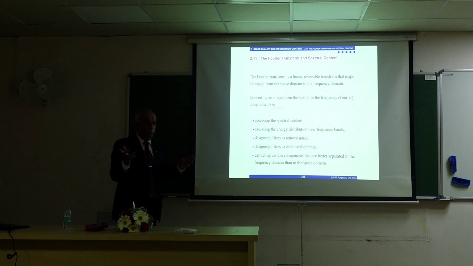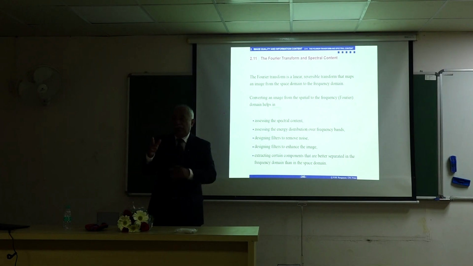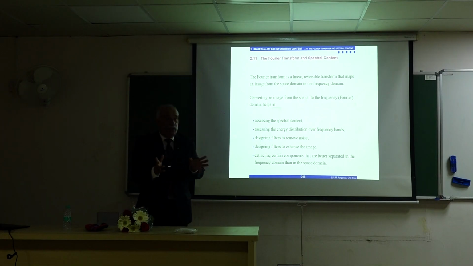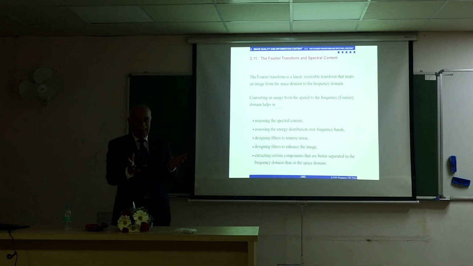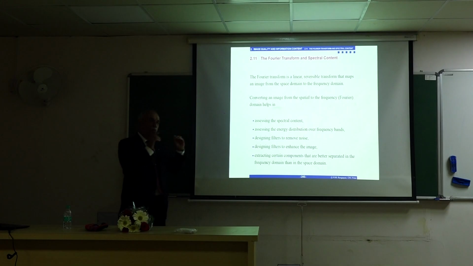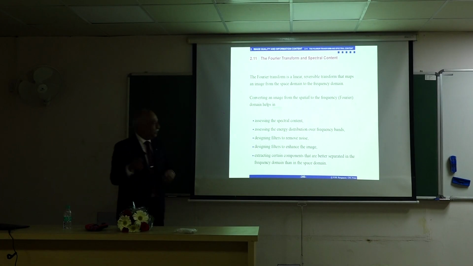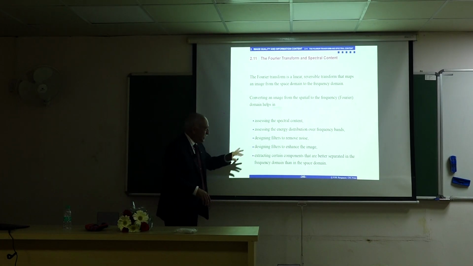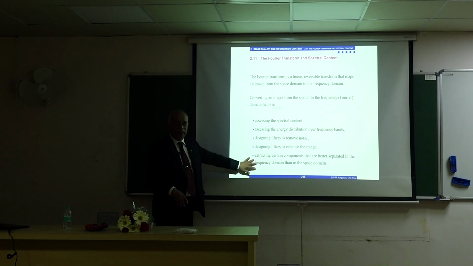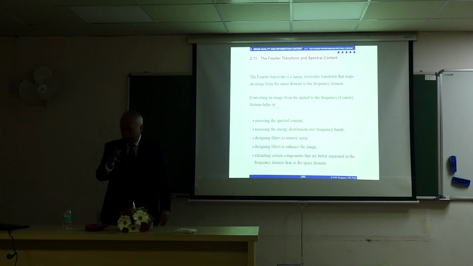Otherwise, it's a linear transformation, and some say, well, if it's a linear transformation, there is forward and inverse, there is no gain of information. But that's not completely true, in the sense that what is separable in one domain may not be separable in the other domain. So extracting certain components that are better separated in the frequency domain than in the space domain.